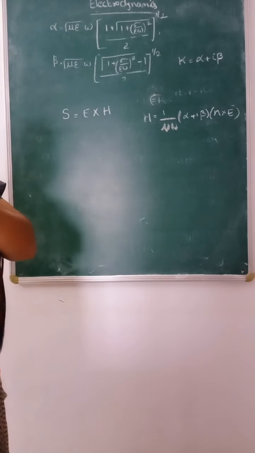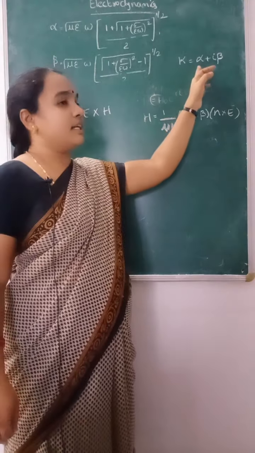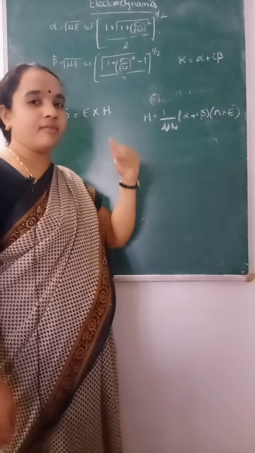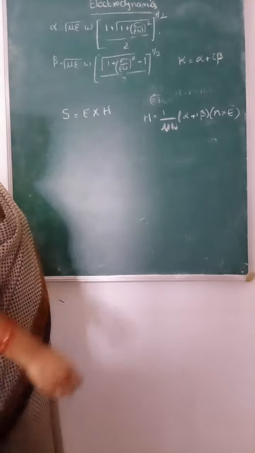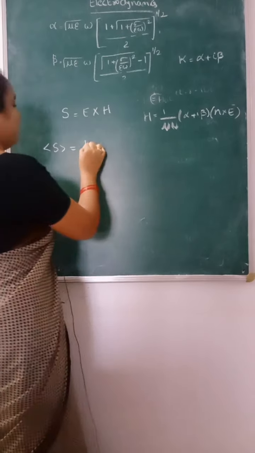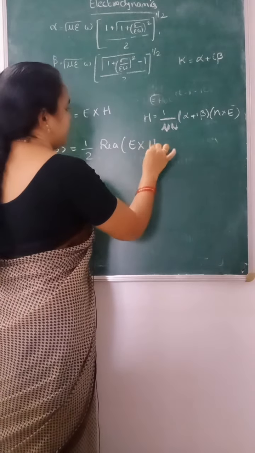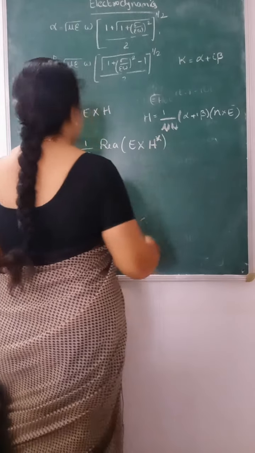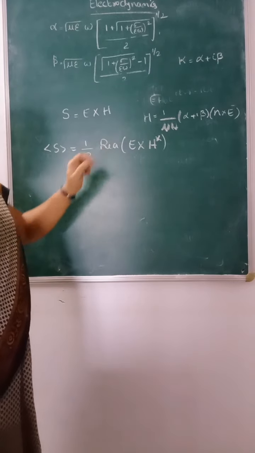But this E and H have complex terms, that is K is alpha plus i beta in the expansion, that is E is equal to E naught e power i K dot r minus i omega t. So we should take the real quantity only. So the average Poynting vector can be calculated as half the real value of E cross H star. This H star indicates the complex conjugate of H, and here Re denotes the real part.